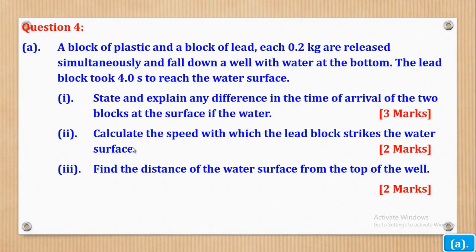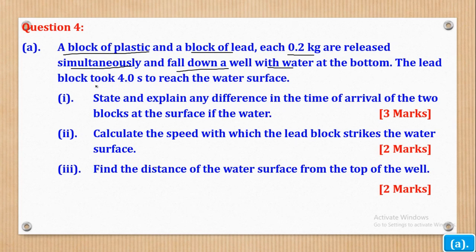So now we shall go to question 4. Question 4, part A. Part A says a block of plastic and a block of lead, each 0.2 kilograms, are released simultaneously and fall down a well with water to the bottom.